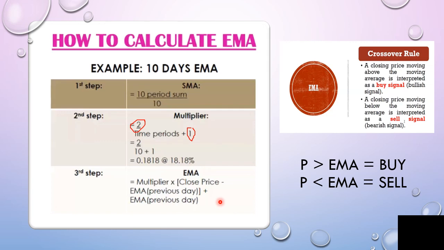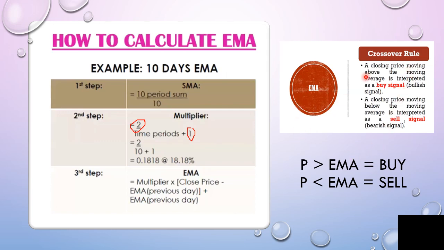You need to click here and there, and then the line will appear in the chart. But this is just for your information on how to get the simple moving average and exponential moving average. So you have to know.